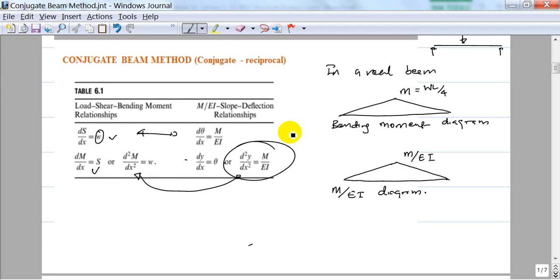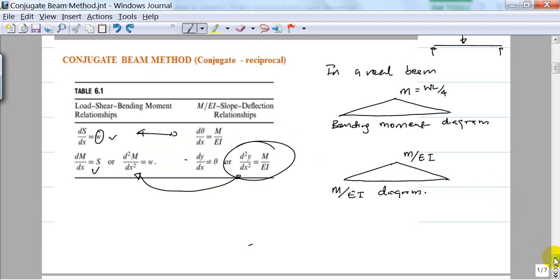In such a case, the shear force that you derive for a conjugate beam is going to be the slope of the actual beam, and the bending moment of that conjugate beam is going to be the deflection of the actual beam. So that's what these two sets of equations tell us.